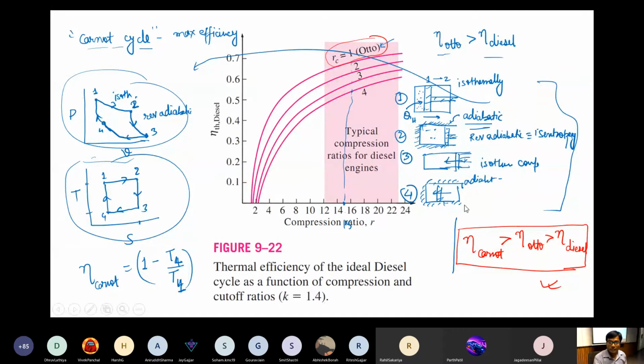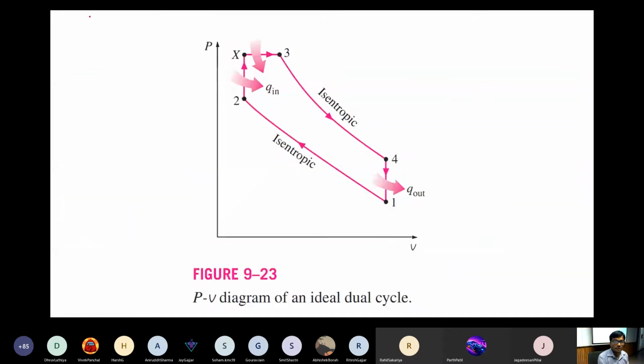Okay, the second thing I also wanted to talk about is something called the dual cycle. People have come up with several modified cycles, and one widely used is called the dual cycle. In the dual cycle it's a combination of Otto and diesel both.